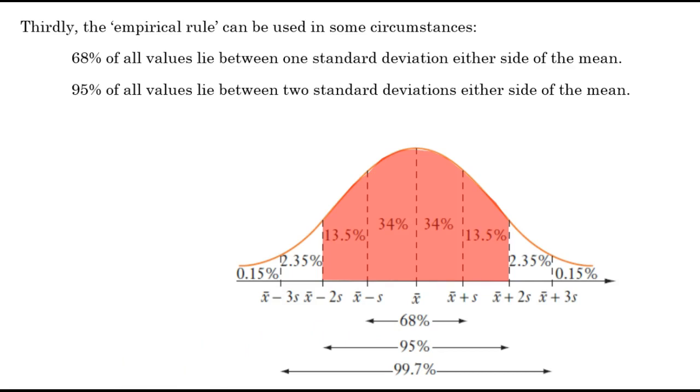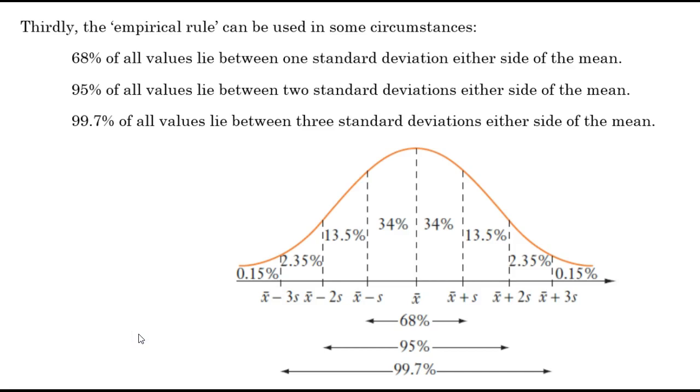And knowing that 0 to 1 is 34 means that from 1 to 2, right, that little area there is just 13.5% of the area.